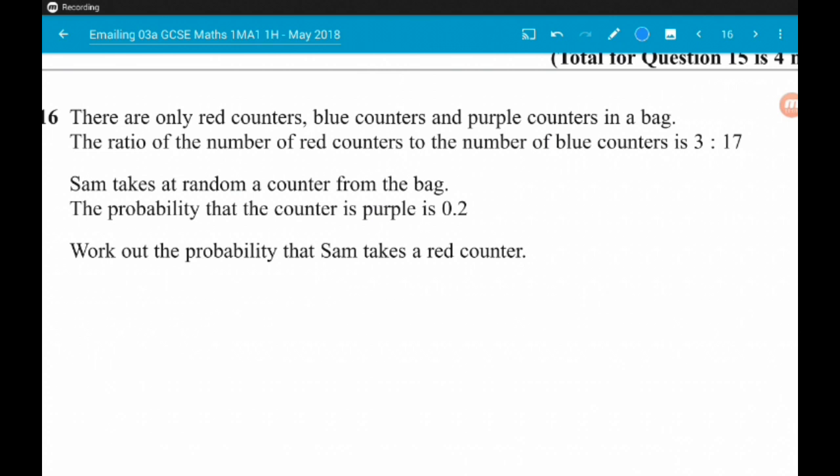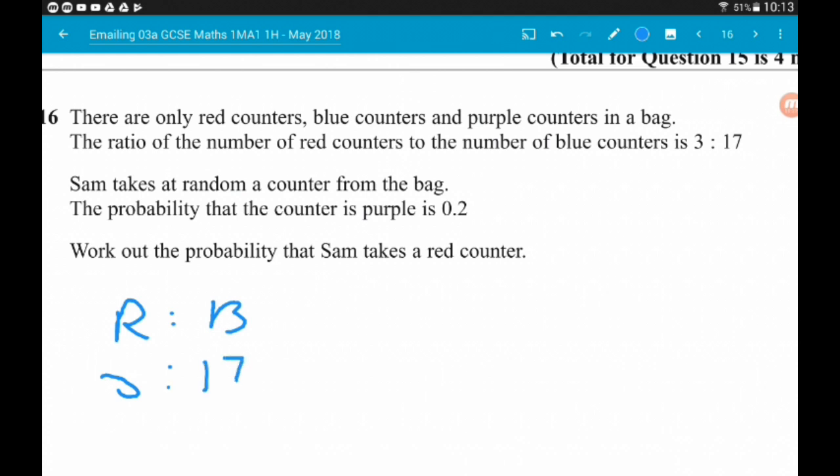Question 16 tells us there are only red, blue and purple counters in a bag. The ratio of red to blue counters is 3 to 17. So straight away we're going to write that down. Red to blue is 3 to 17.